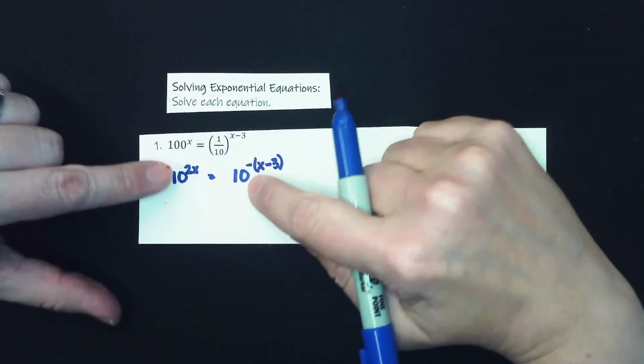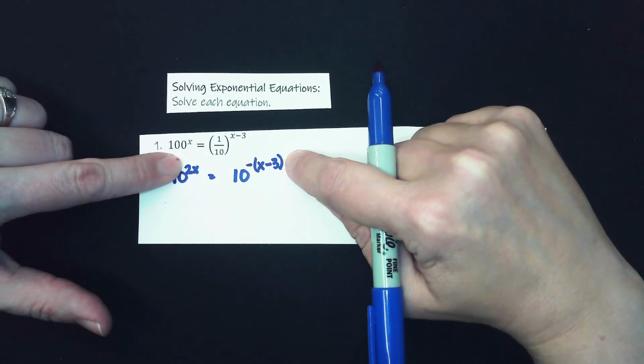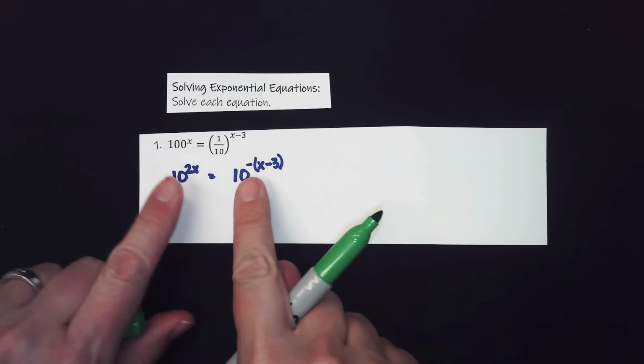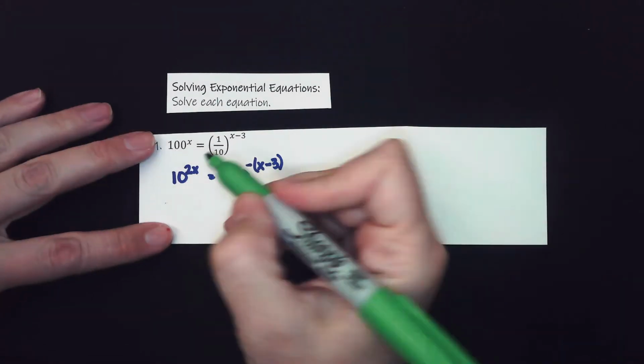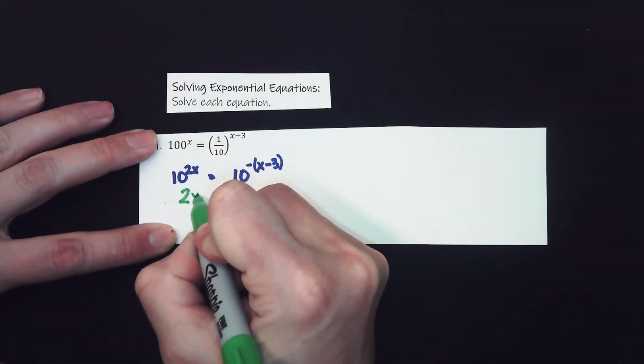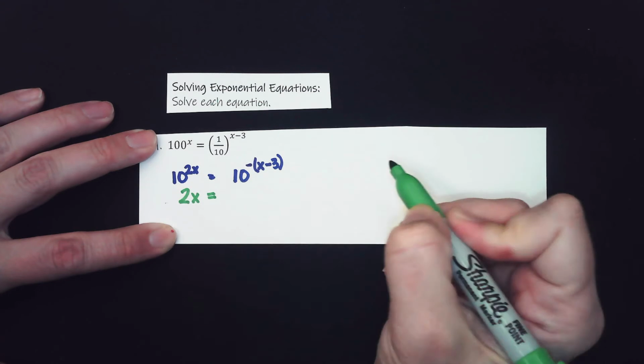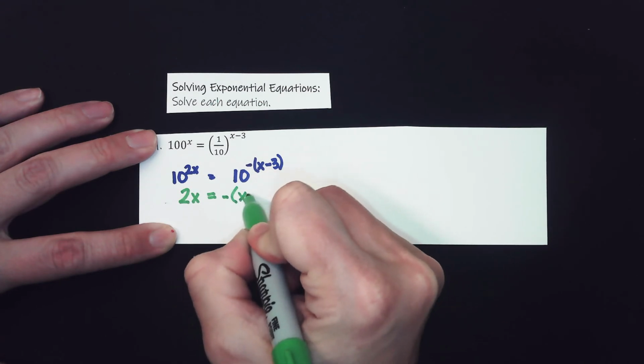Okay? Bases are the same, and then I have powers. Well, that property of equality for exponential equations said if my bases are equal, then their powers have to be equal. So I can write that out. 2x has to equal negative x minus 3.